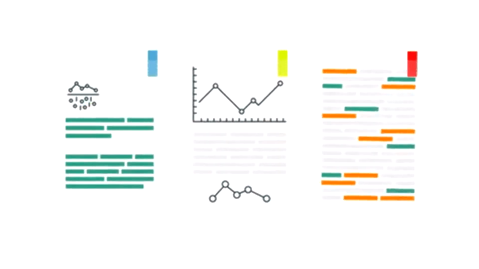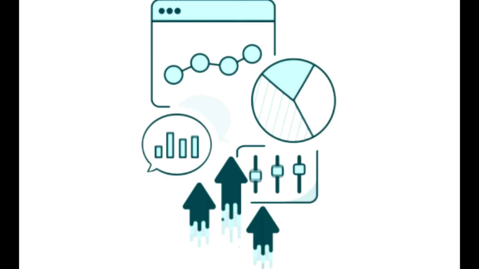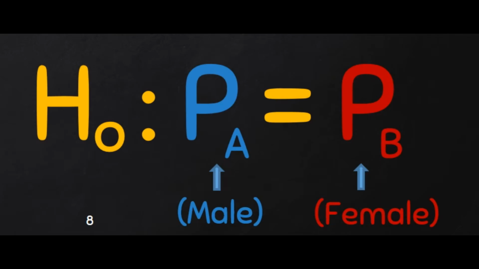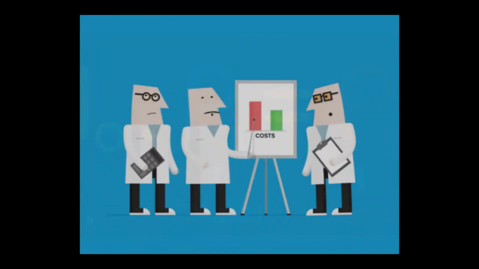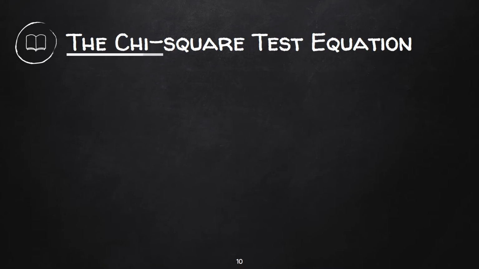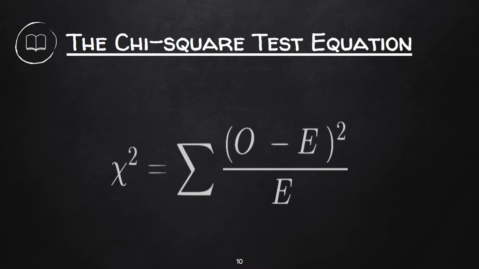Now, let us say that the actual data in the example experiment is 18 females and 12 males. How does this stack up to the claim of 50-50 university gender population? To find that out, we need to calculate the chi-square value, and to do that, we need this equation.